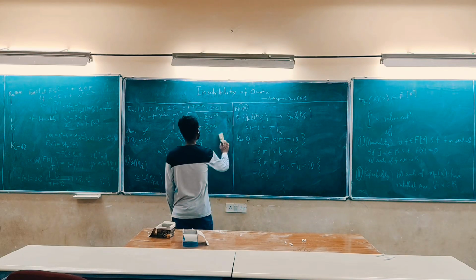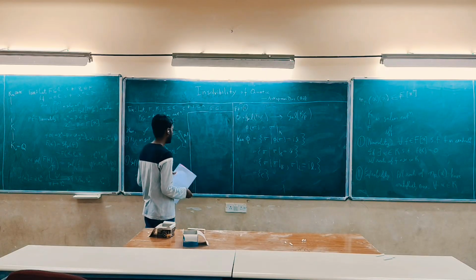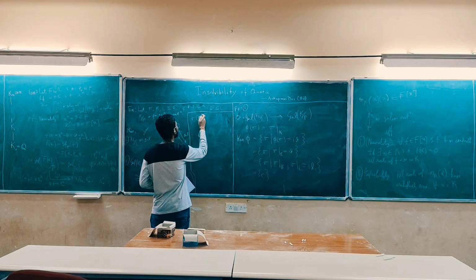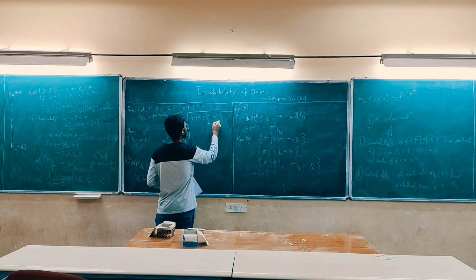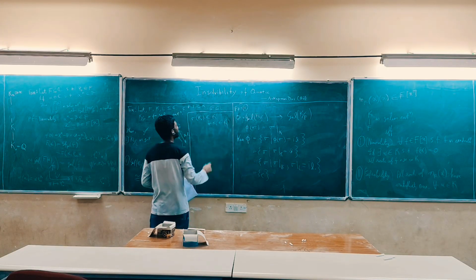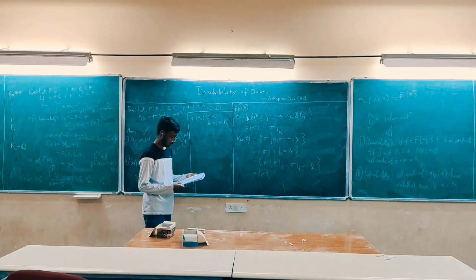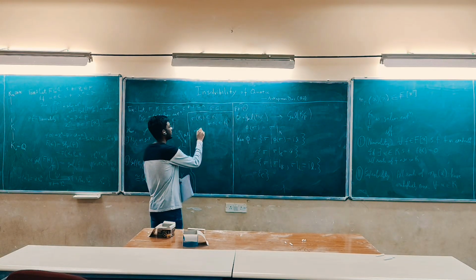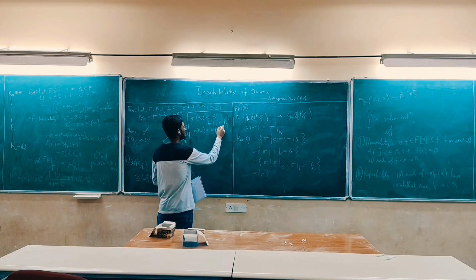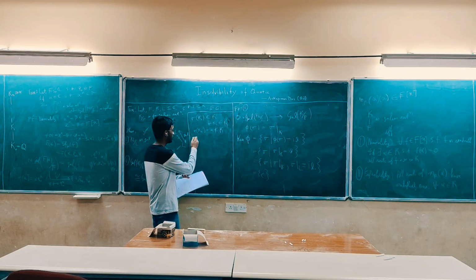To calculate the image, I'll prove that sigma of k naught belongs to K for all k naught belonging to K. So, suppose for contradiction, sigma of k naught is alpha and this is not in K. Then we look at the minimal polynomial of k naught.